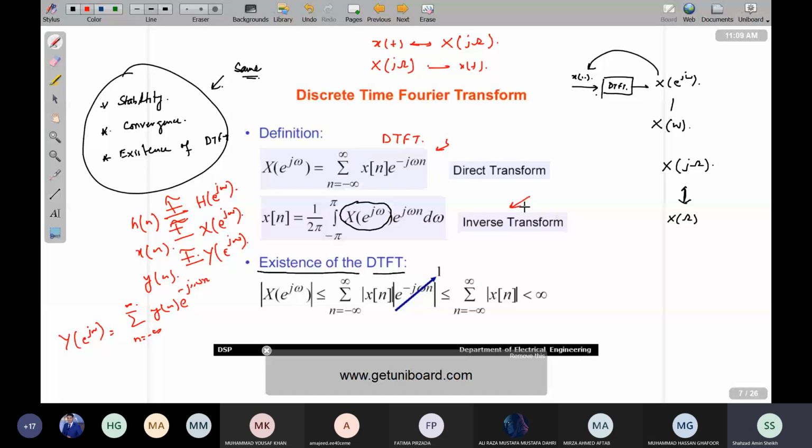So here as well you have the inverse DTFT formula: 1 over 2 pi, integral from minus pi to pi of x of exponential j omega times exponential j omega n d omega. Remember that here the complex exponential is with plus sign, and we are integrating it from minus pi to pi. And what's the reason of integrating it from minus pi to pi?